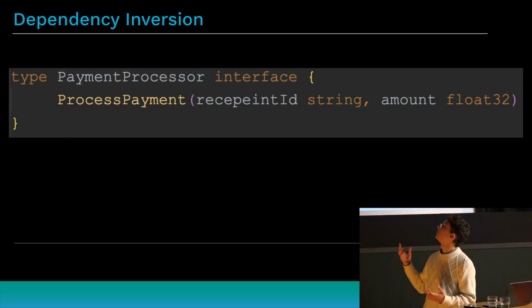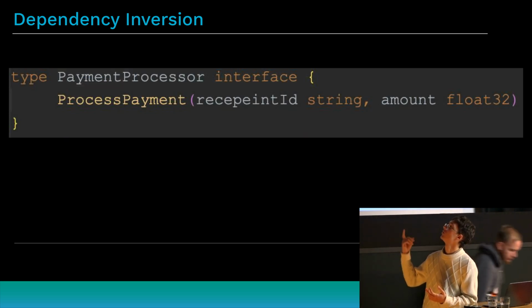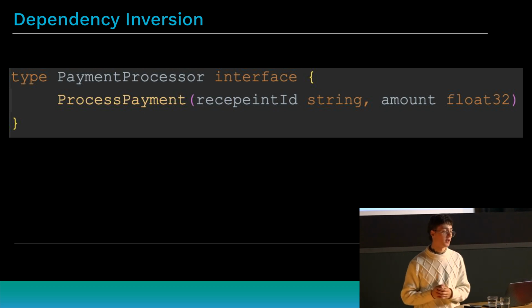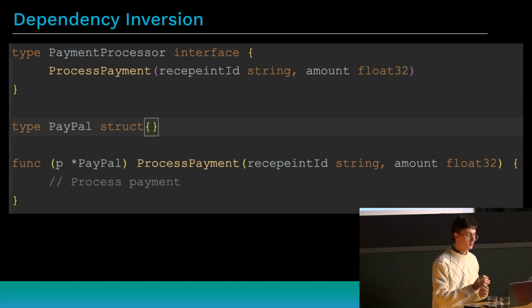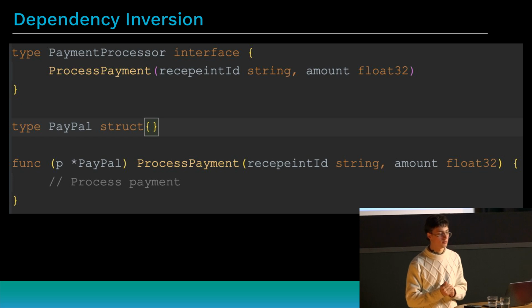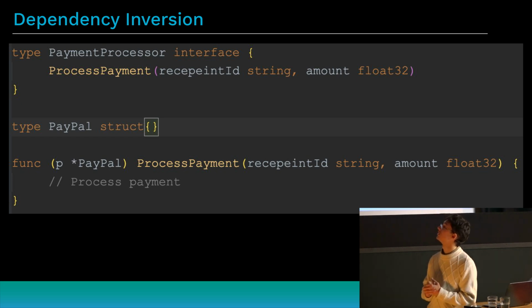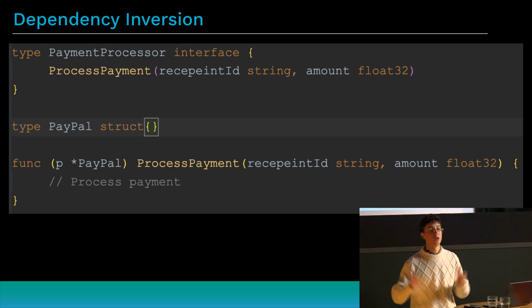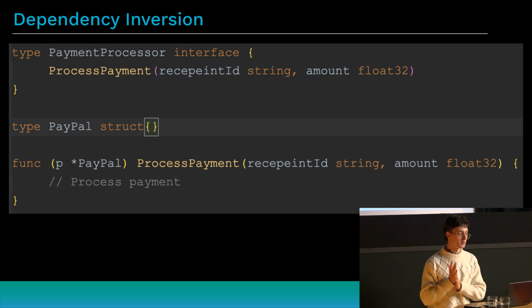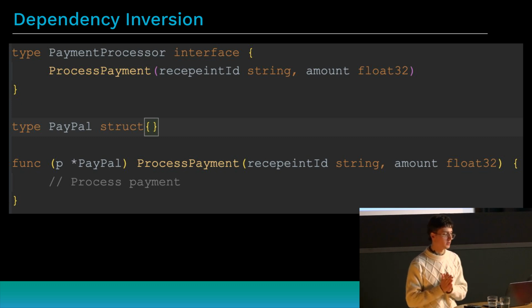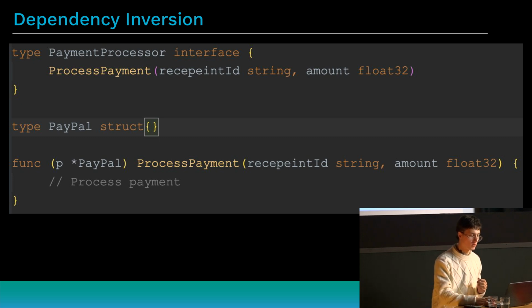You will define a payment processor interface with only one abstract method, process payment, and then you will make a PayPal struct that will contain an implementation of this method. You will be able to hide all the work with PayPal under the hood and work with process payment without knowing any details about the implementation.